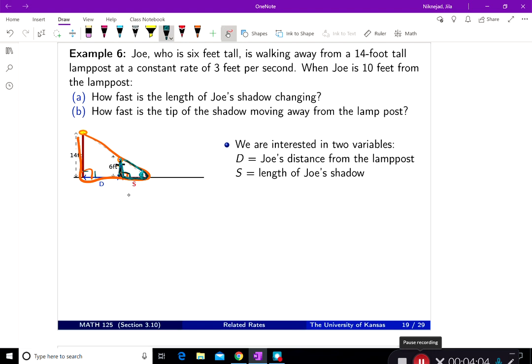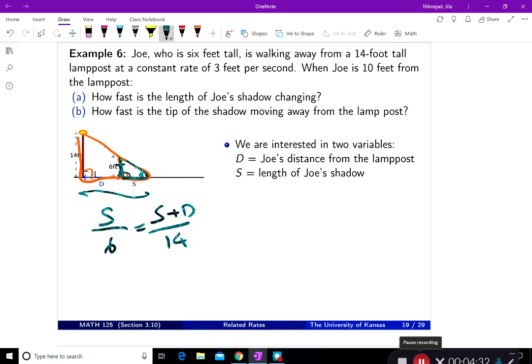Here, the ratio of S over 6 feet is the same as this side to 14 feet. What is this side? This side is S plus D. So I'm writing S over 6 is equal to S plus D over 14.